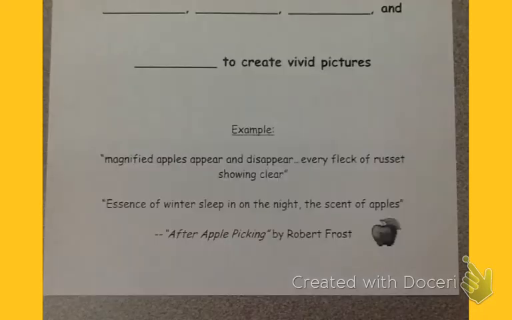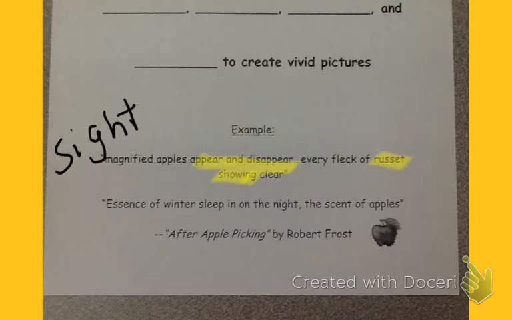For example, magnified apples appear and disappear, every fleck of russet showing clear. Russet is a color. Something showing means you're looking at it. Appearing and disappearing, you're noticing that with your eyes. So this example is using the sense of sight to create a picture in your mind.